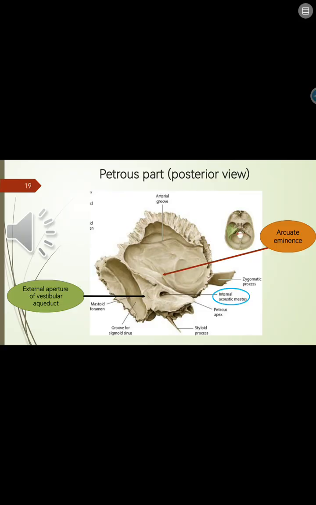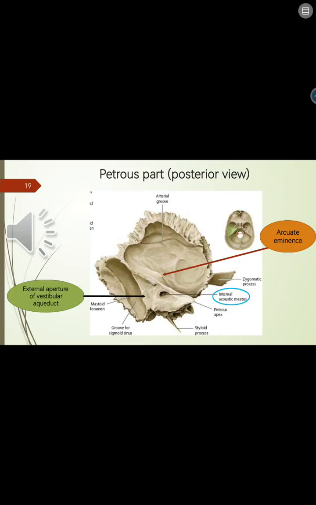In this picture, I show you in green the external aperture of the vestibular aqueduct. The endolymphatic duct transmits here and opens in the posterior cranial fossa, where it is open between dura mater and periosteum.